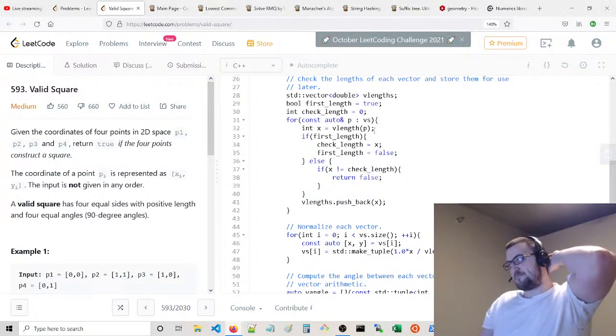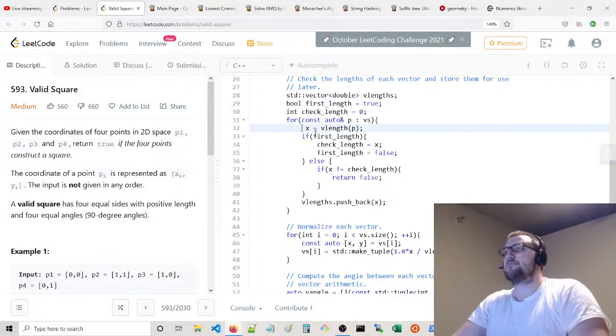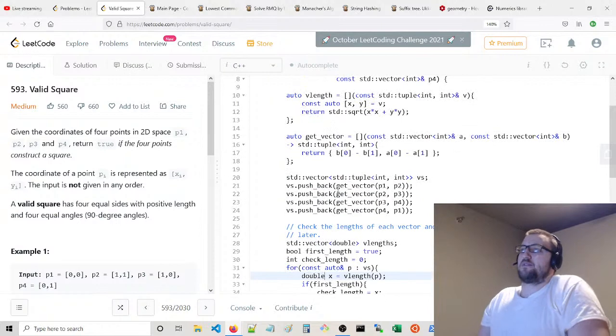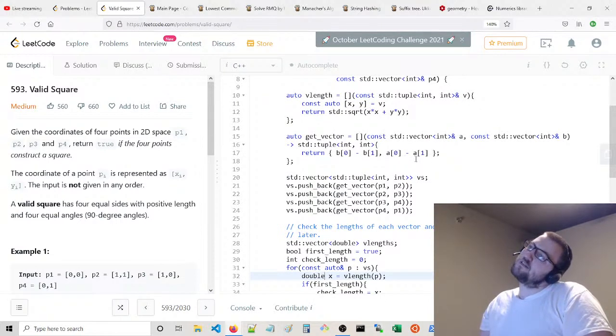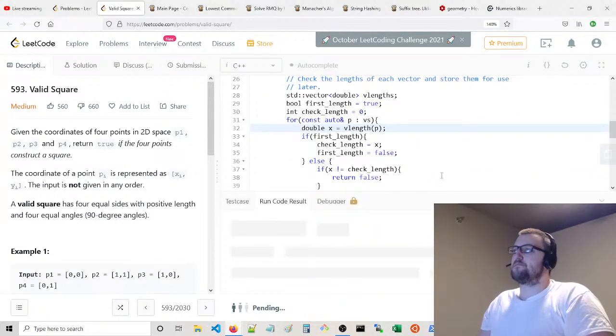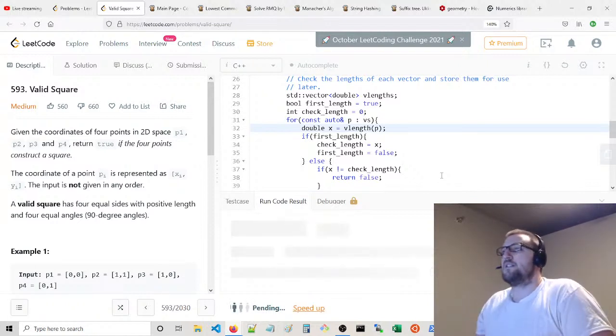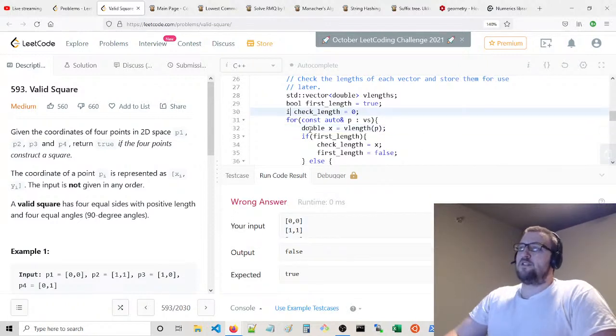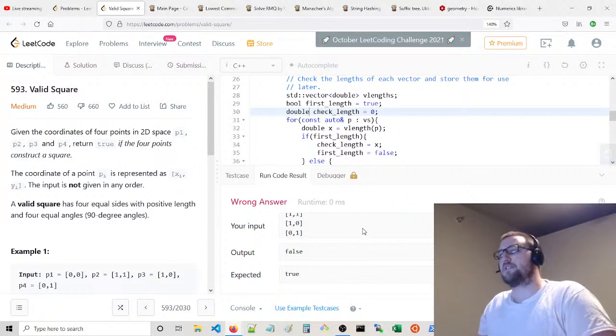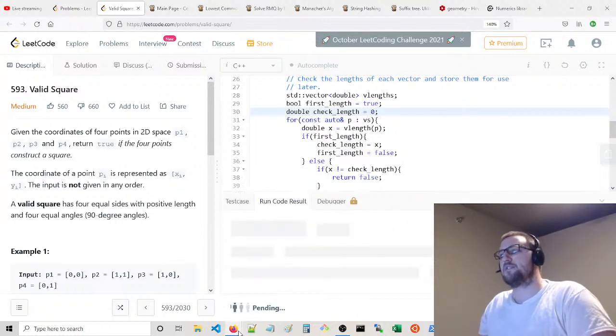All right, what's the length? Let's print it. Oh, these shouldn't be ints. These should be doubles. In this case, I think it should work, but it's all right.